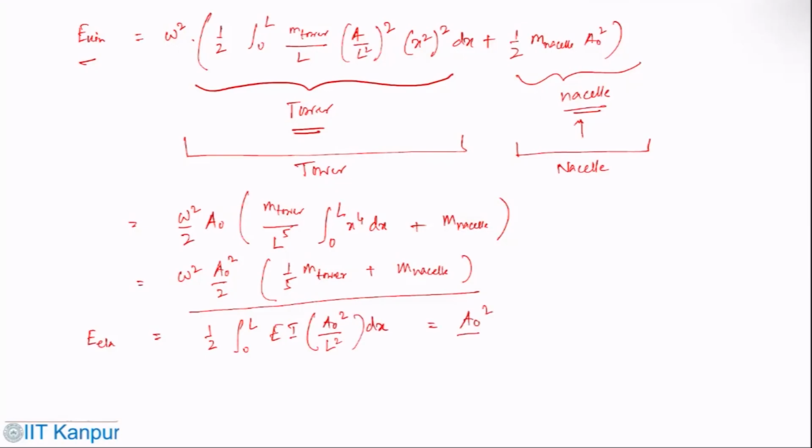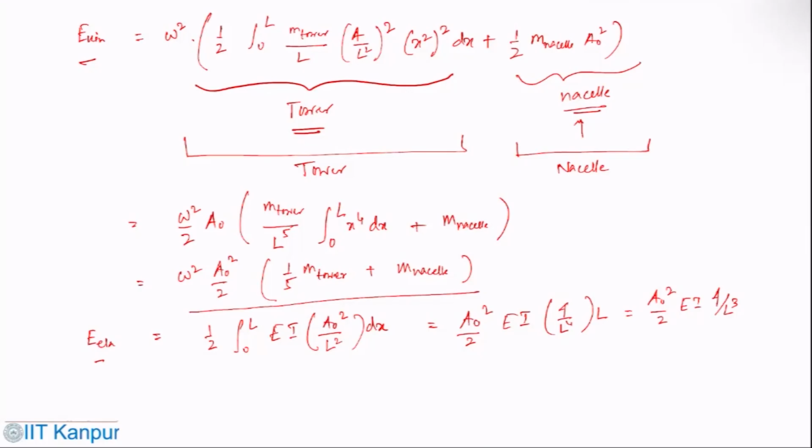So we have A naught square by 2 EI, 4 by L^4 into L. So that gives us A naught square by 2 EI, 4 by L cube. So this is the elastic potential energy, and the kinetic energy that we have.